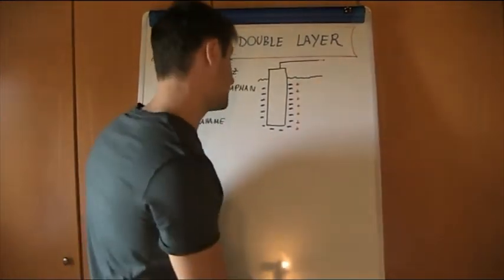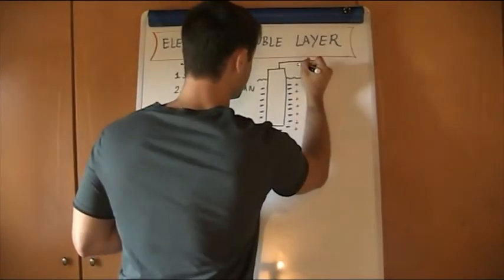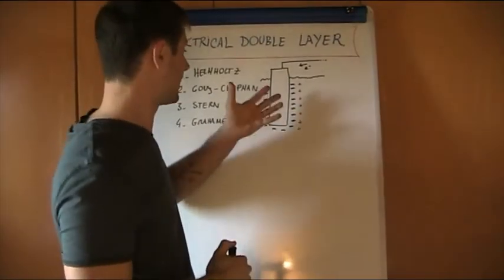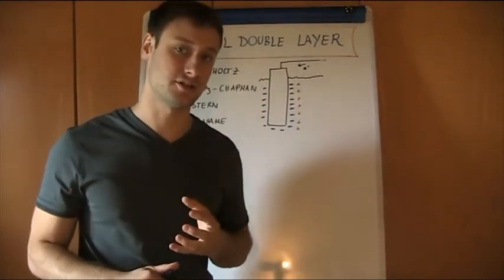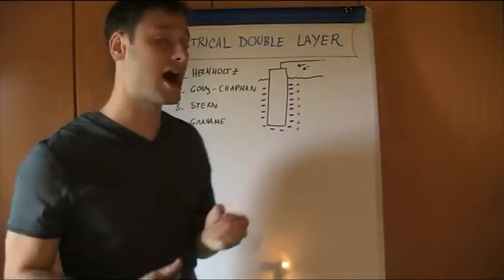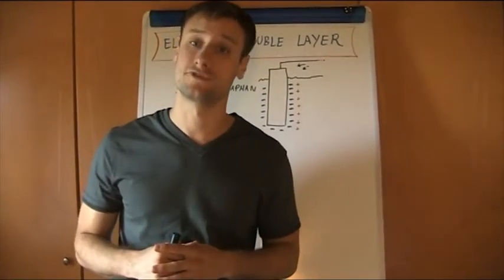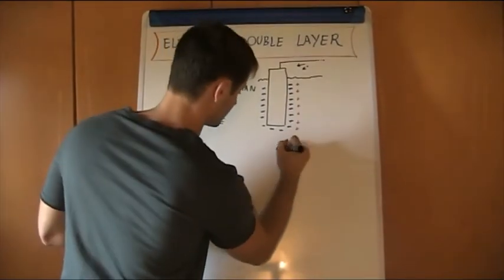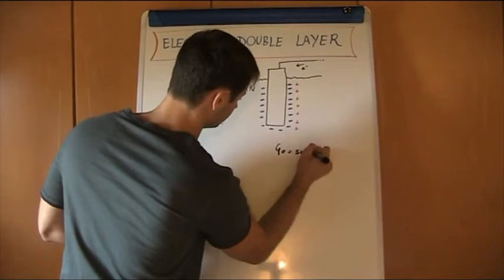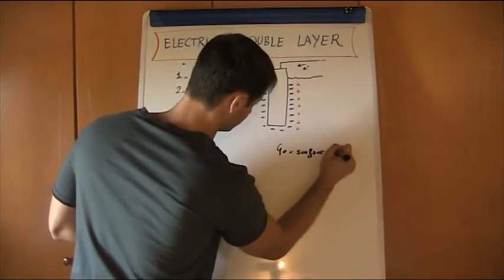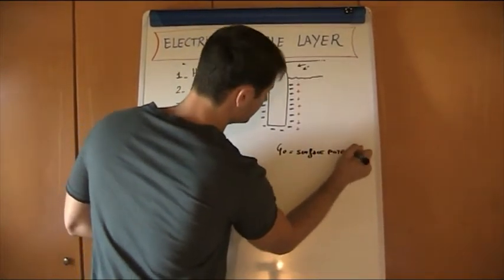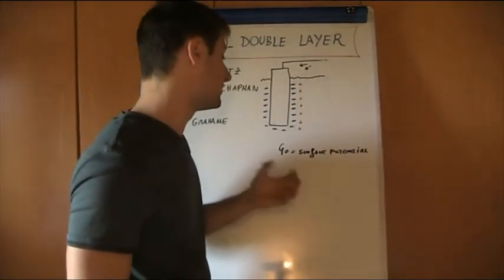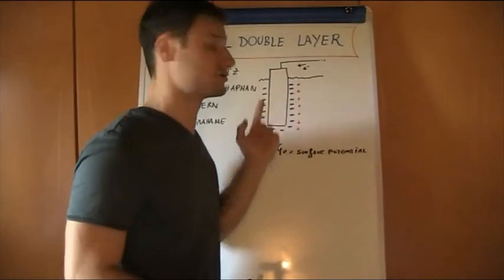So the point basically is that since we have an electric field here and since we have a certain charge excess, our electrode is characterized by a surface potential. So we have a surface potential that is able, as a single parameter, to quantify the polarization of this electrode.